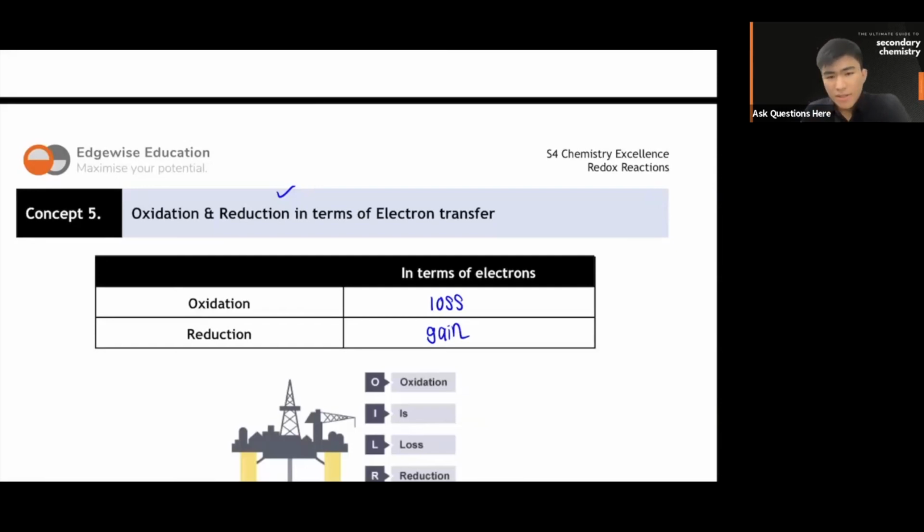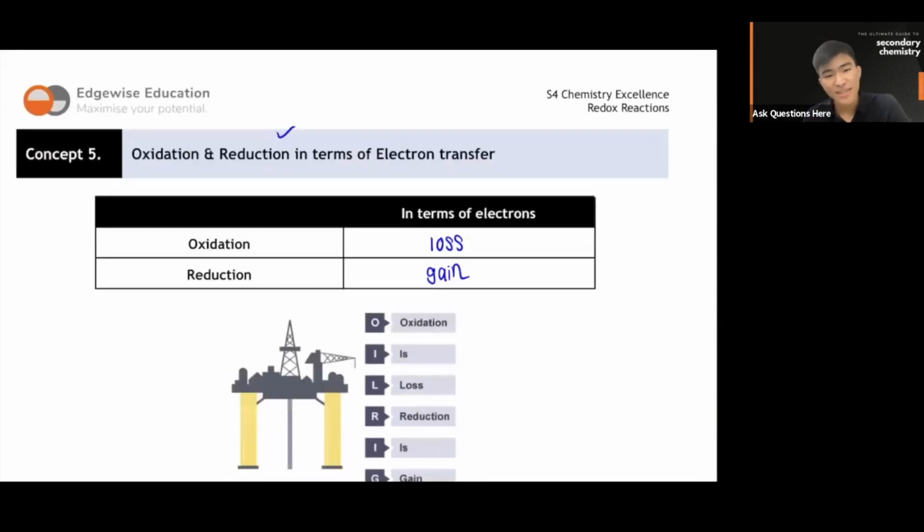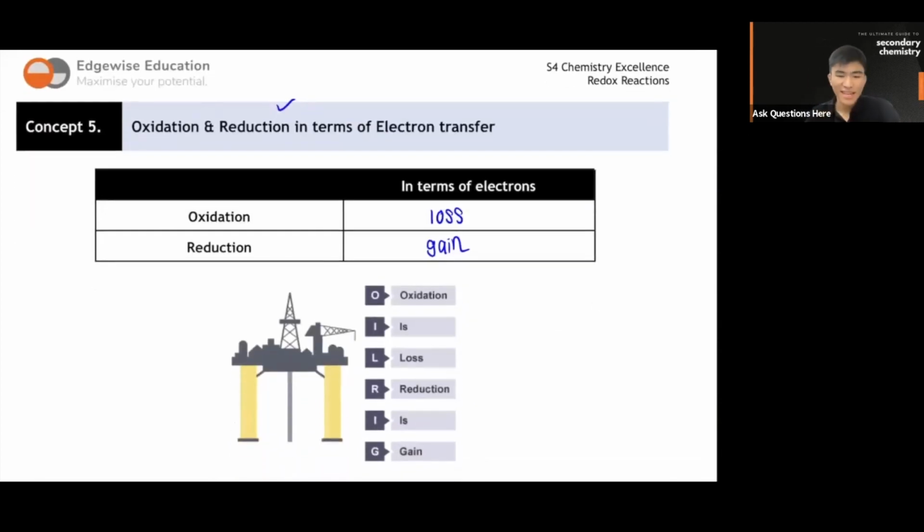Now, I'm going to share with you a small part of a story, which I'm going to wrap up at the end of the class. Let's tell you the story first. There was a mnemonic for people to learn this by using the term called oil rig. It was a long time ago.